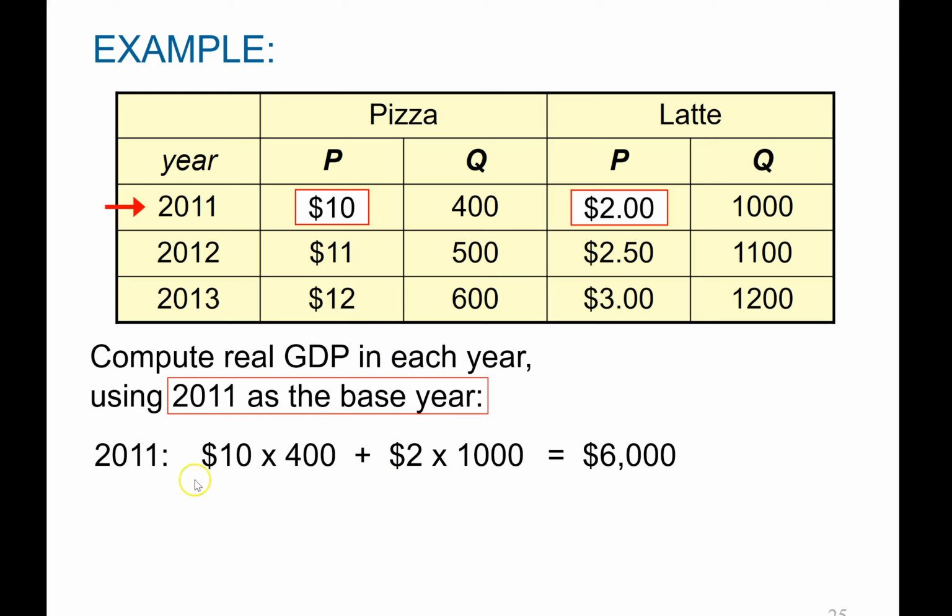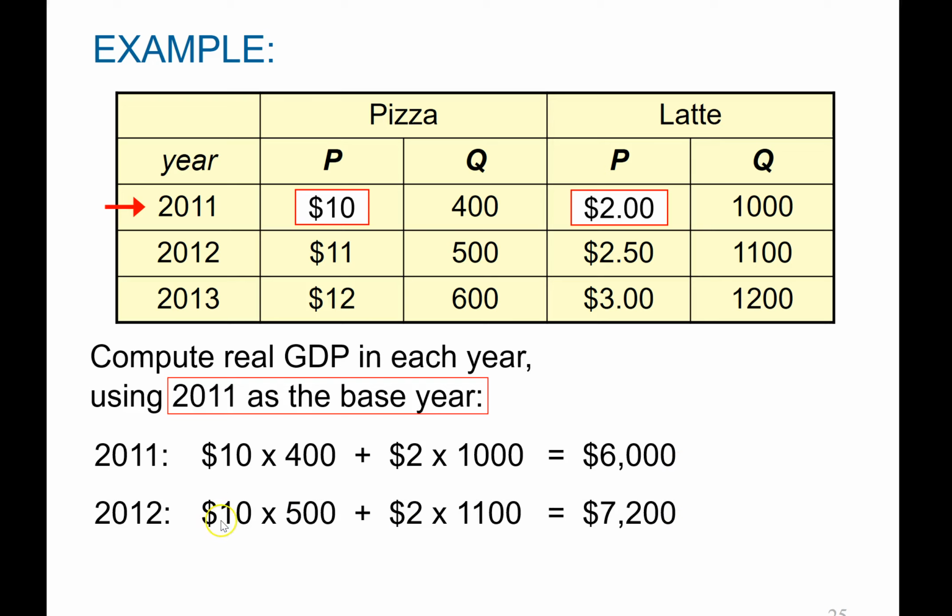So we go with the same calculation for the base year of 2011. Then 2012, notice that we hold the price constant. Now, still in 2012, more were produced, so 500 produced instead of 400. And with lattes, the price is held constant at $2, but we recognize the increase in quantity.